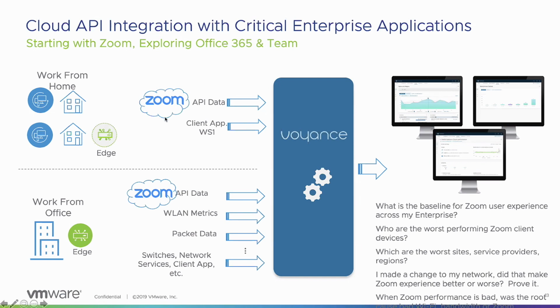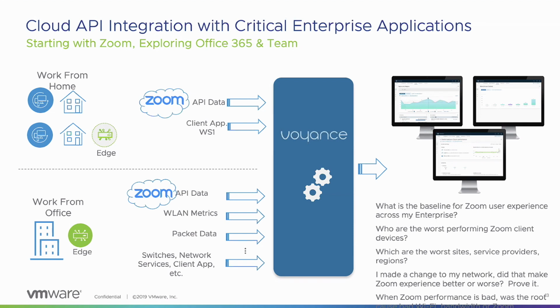Good point. So basically, these are two completely separate data sources. You don't need the client app. Actually, what I just showed you was a customer that doesn't have any client apps whatsoever. But basically what they do is they authorize the Voyance cloud to collect very specific API data from their Zoom instance.